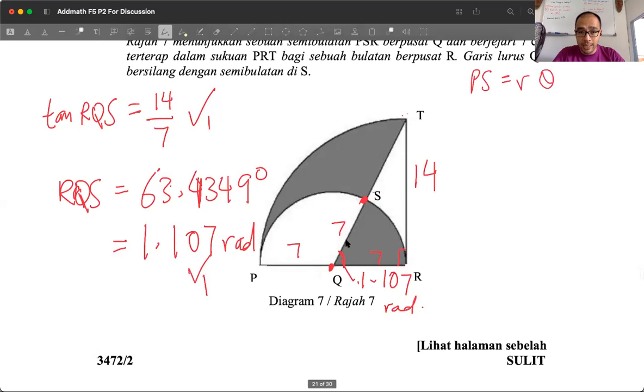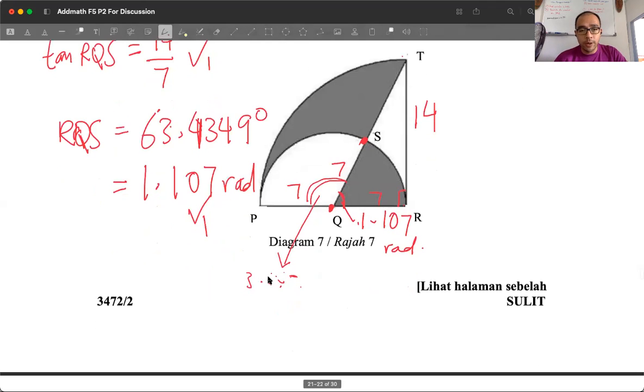How much is this theta? This theta is 3.142 minus 1.107. Okay, which will give you about 2.033, I think. 2.033.